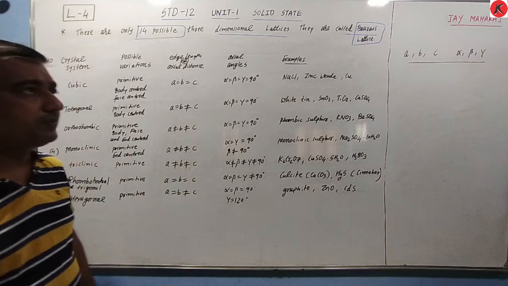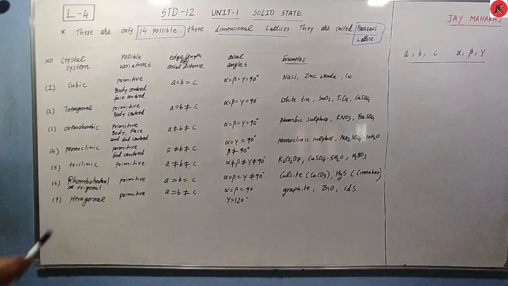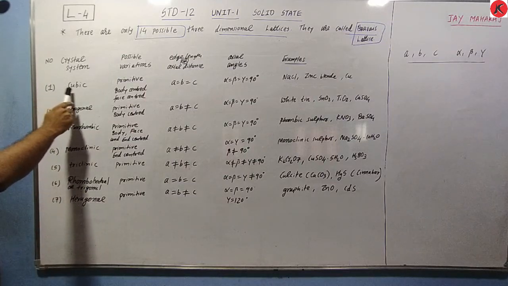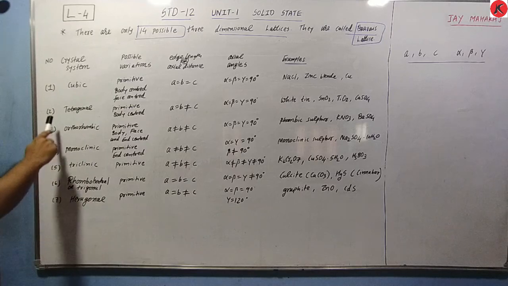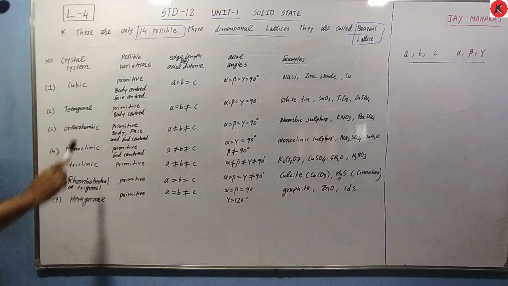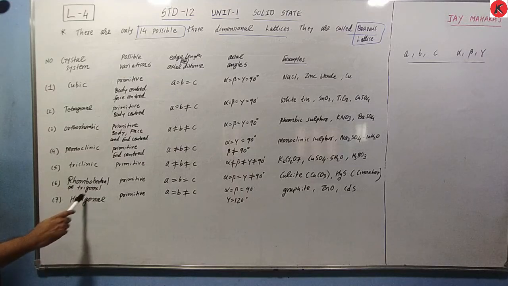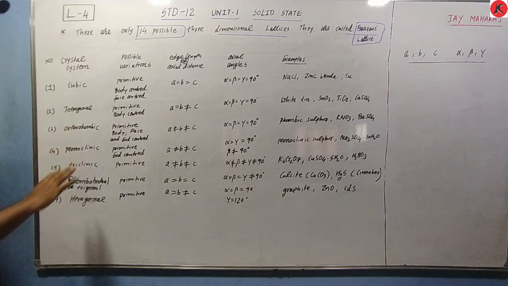Based on this, crystal systems can be classified into 7 categories. The first one is the cubic system, second is tetragonal, third is orthorhombic, fourth is monoclinic, fifth is triclinic, sixth is rhombohedral or trigonal, and seventh is hexagonal. These are the basic 7 systems.